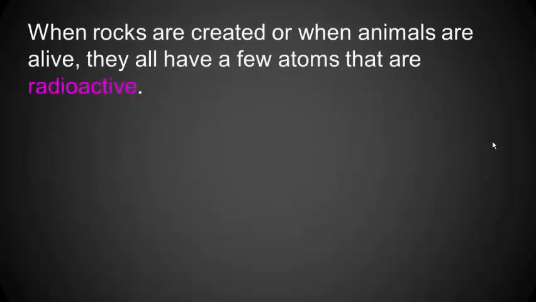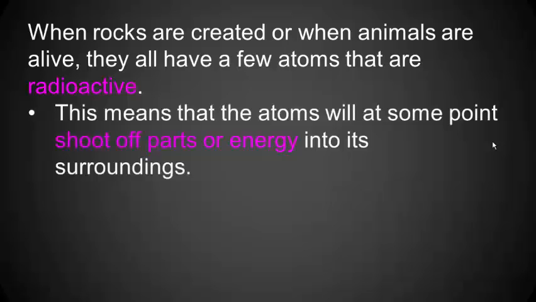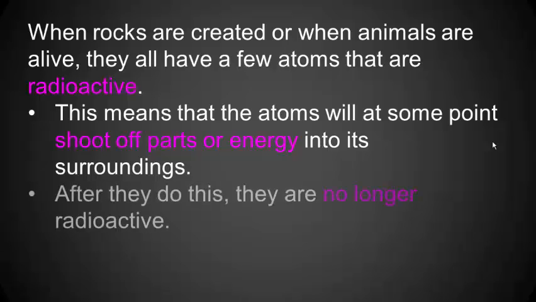An example of this is when rocks are created or when animals are alive, they all have a few atoms that are radioactive. This means that the atoms will at some point shoot off parts or energy into its surroundings. After they do this, they are no longer radioactive.